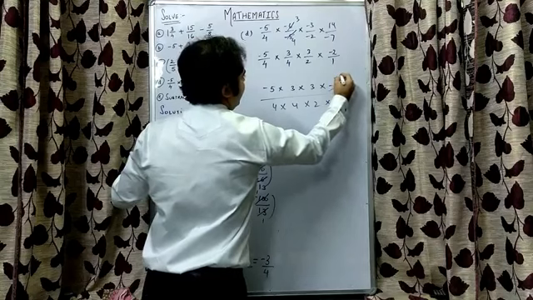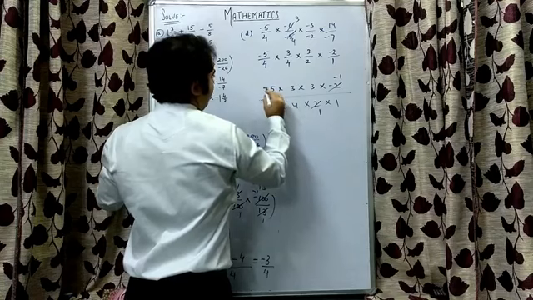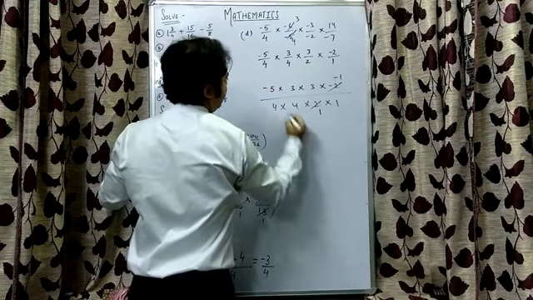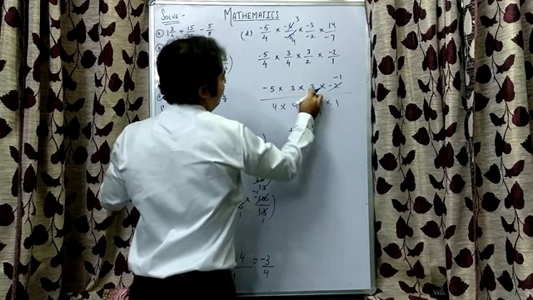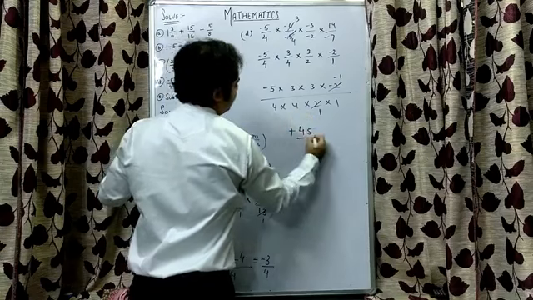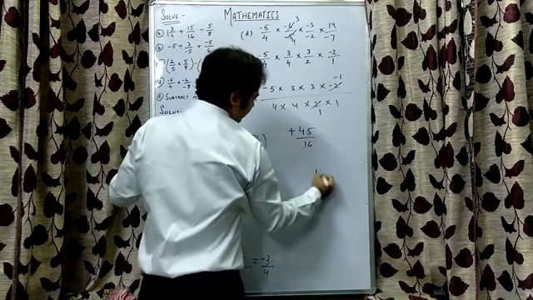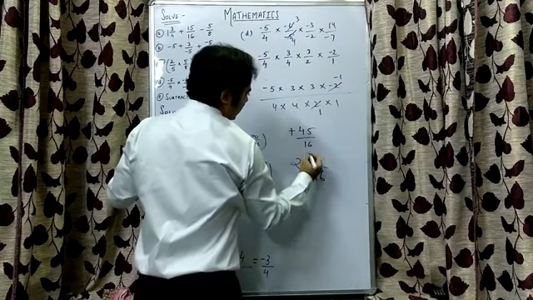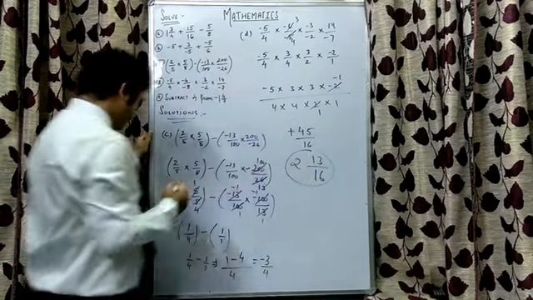Minus 2 minus 1s are 2, 2 1s are 2, minus minus will give me plus. 5 3s are 15, 15 3s are 45, 4 4s are 16. So our answer will be 45 by 32, 16 2s are 32. So this will be the answer for the fourth one.